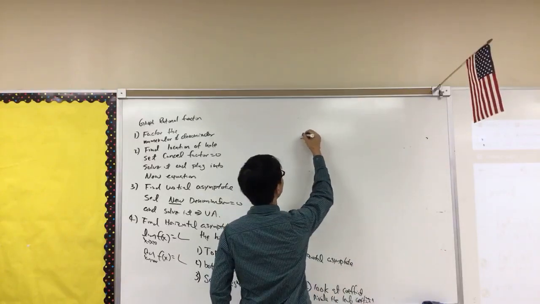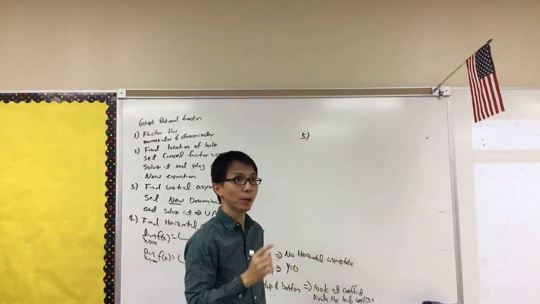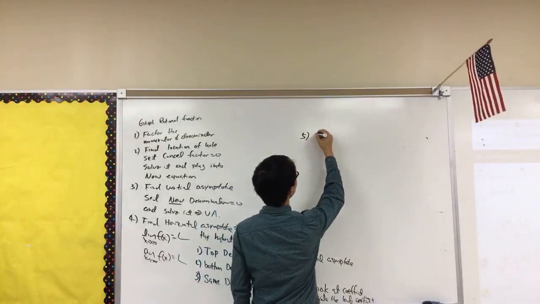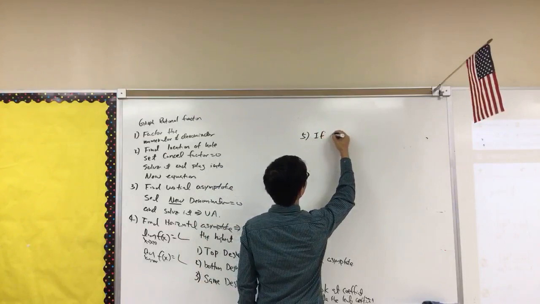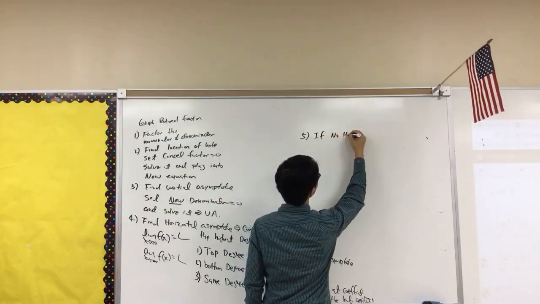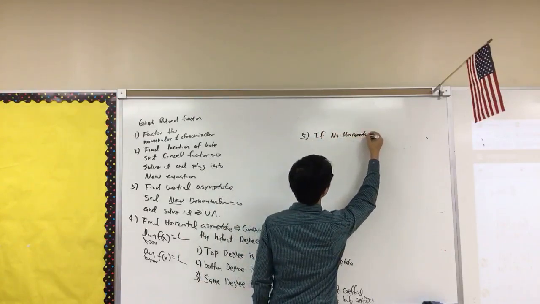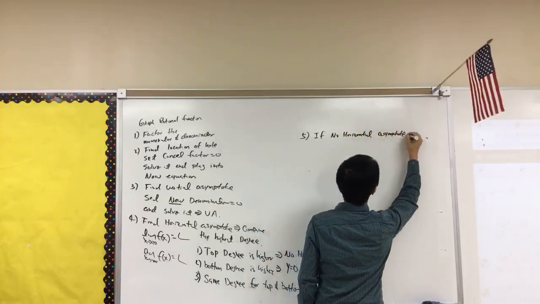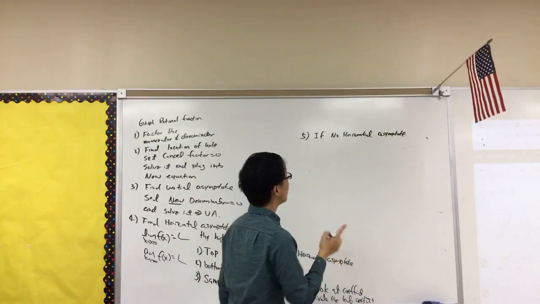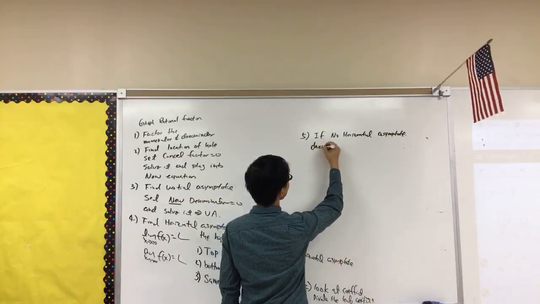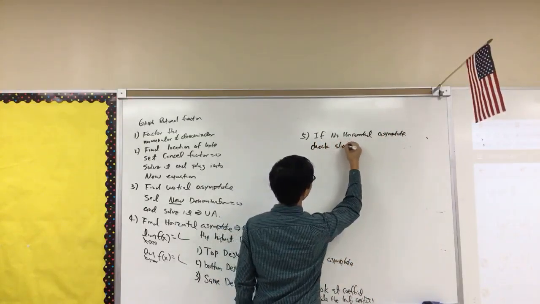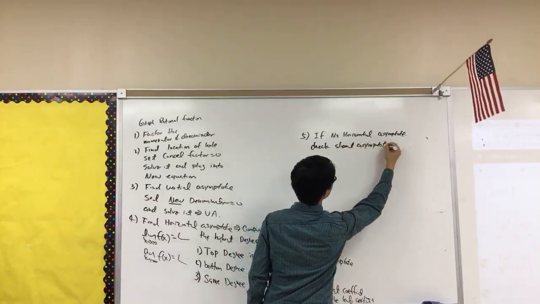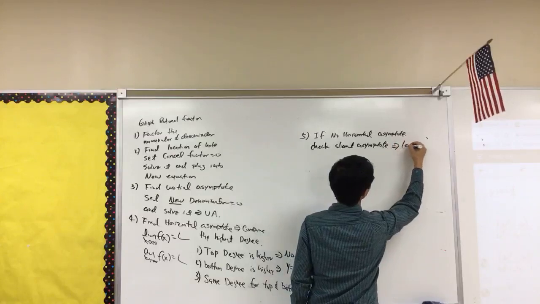We're going to talk about the fifth step. The fifth step is very important: looking for slant asymptote. If there's no horizontal asymptote, you have to check for slant asymptote, using something called long division.